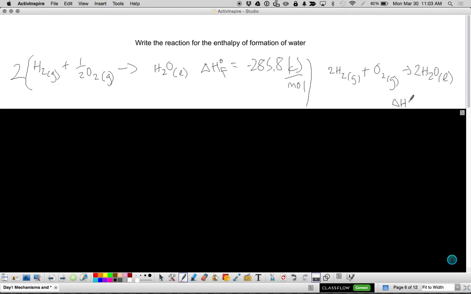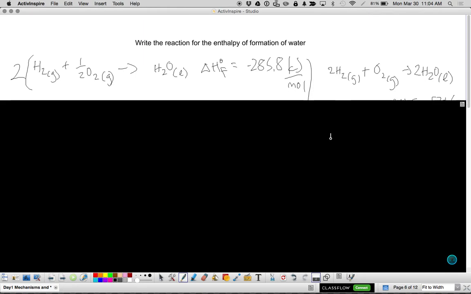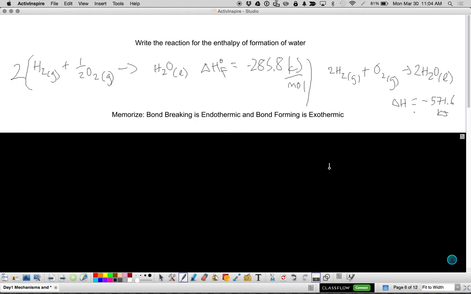Delta H for this is going to be 2 times negative 285.8, which is negative 571.6 kilojoules. And I want you to pause and see if you can remember what that negative sign means. Hopefully you remember that this means that this reaction is exothermic.